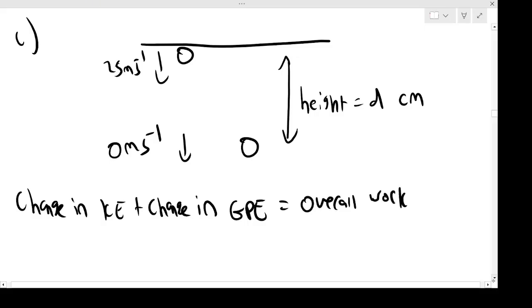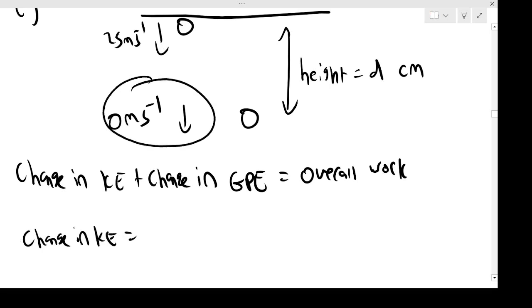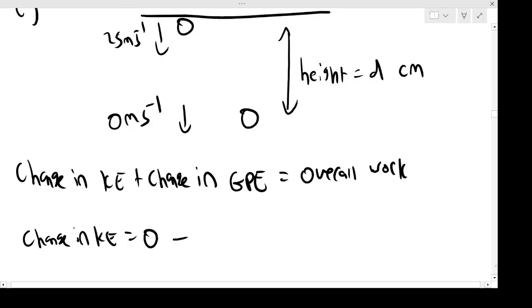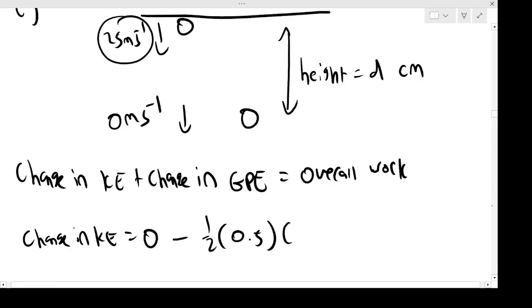Now, let's work out the changes in these two energies. So firstly, the change in kinetic energy. At the end, the speed is zero, so it's going to be zero take away half mv squared. Speed at the start is 25, so half times the mass of 0.5, times 25 squared.